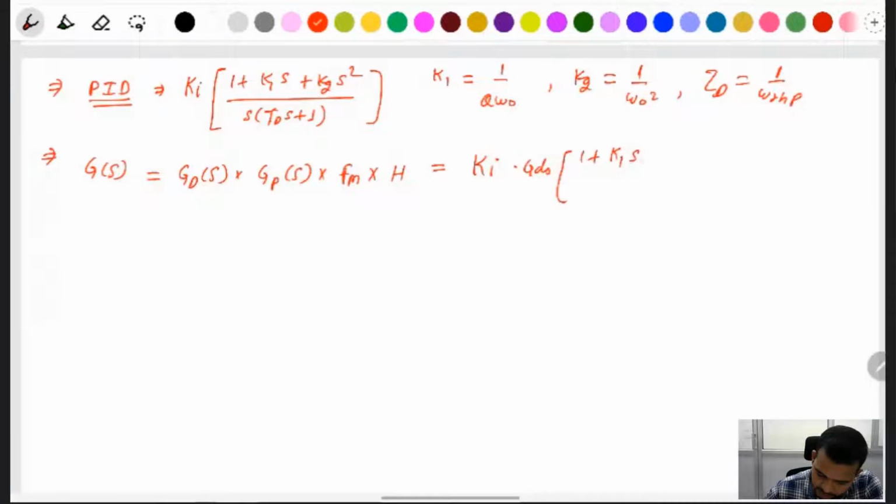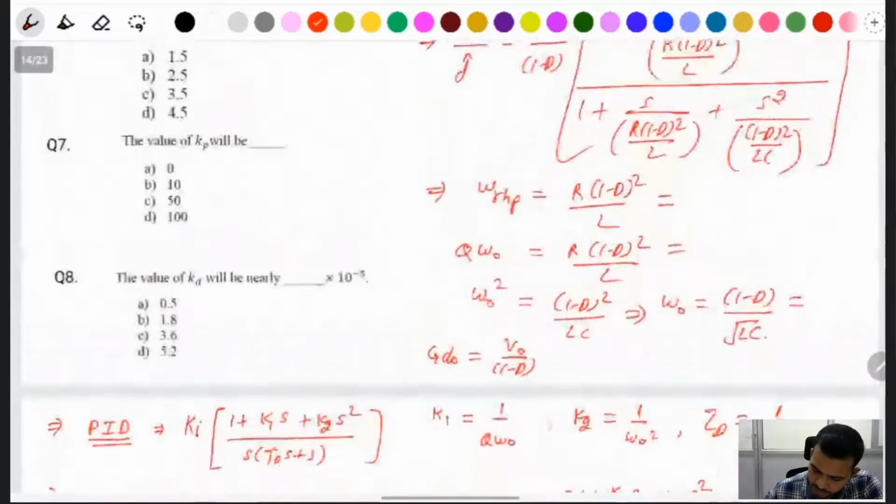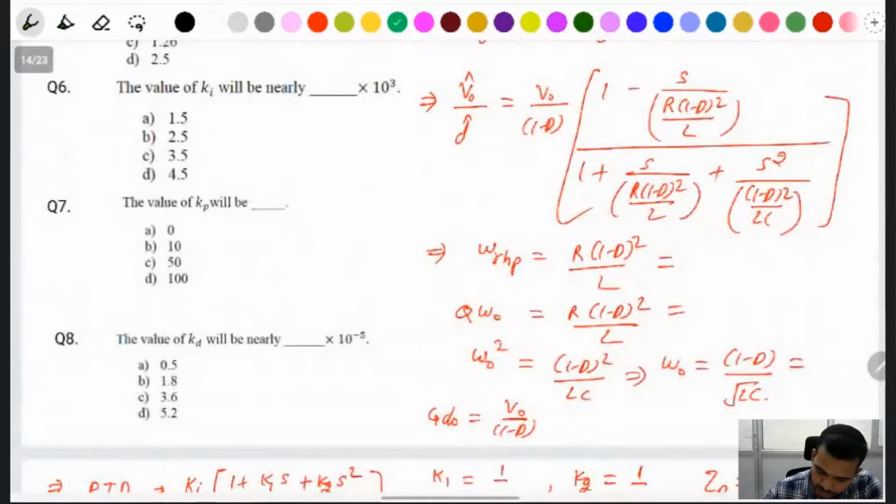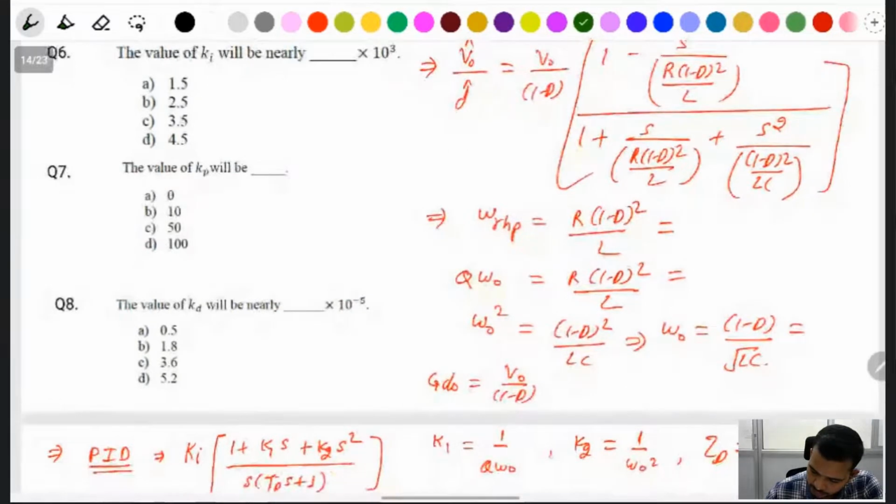First, writing the controller: (1 plus K1 S plus K2 S square) divided by S(tau d plus 1), into the plant transfer function. GTU multiplied by here, then we take this one.